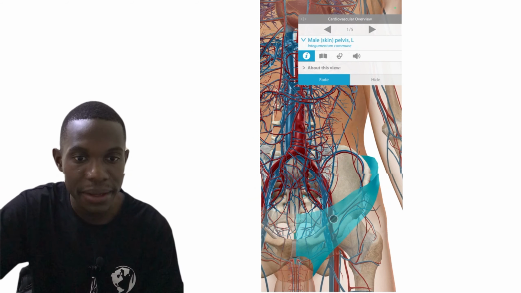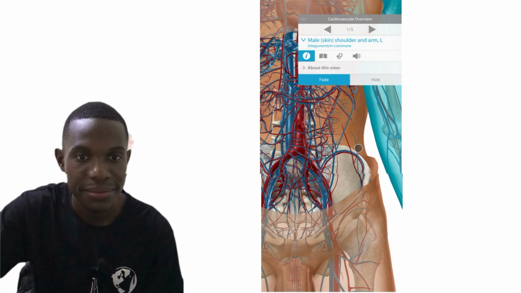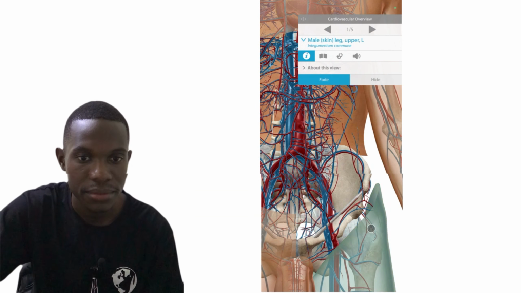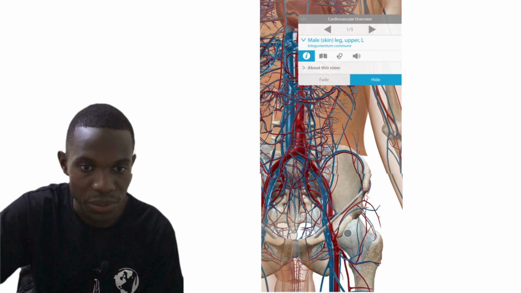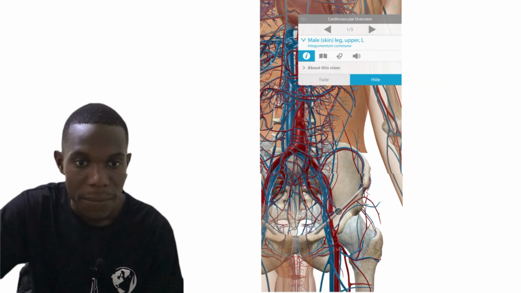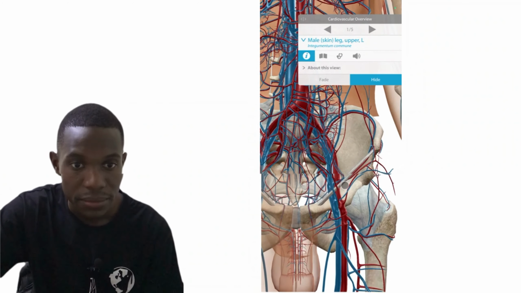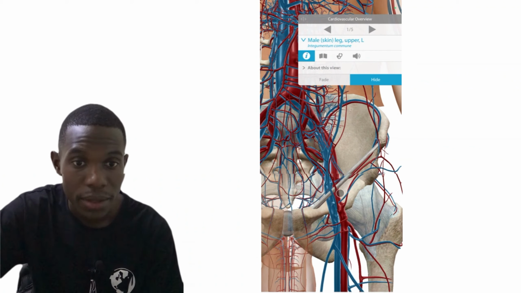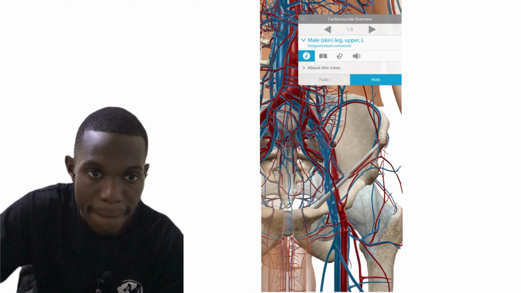Okay, let me hide this skin, so that we can see clearly. So as you can see, this is your external iliac artery, accompanied by the external iliac vein.